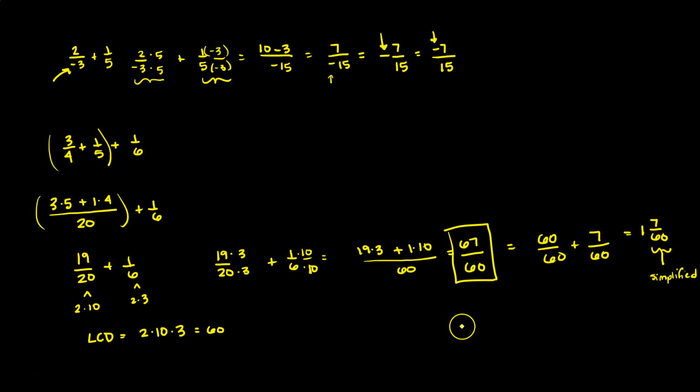Now just for practice here, if instead of having 67 over 60, if I had 127 over 60, I did some addition problem, I got 127 over 60. If I tried to take off just one whole, I would have to see what 127 minus 60 was. That'd be 67.